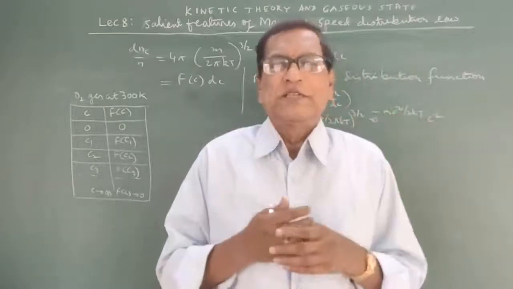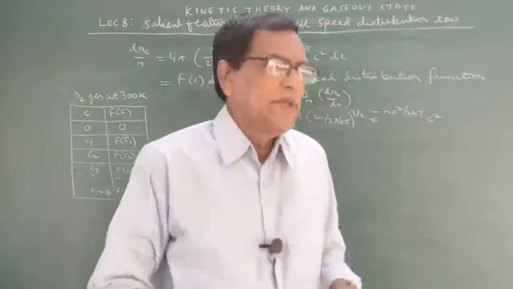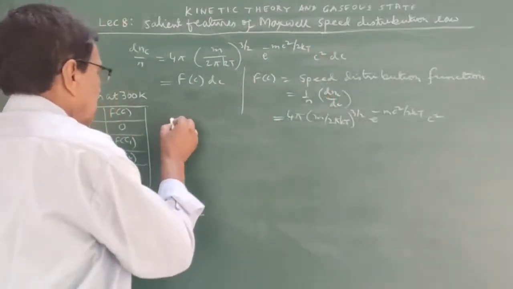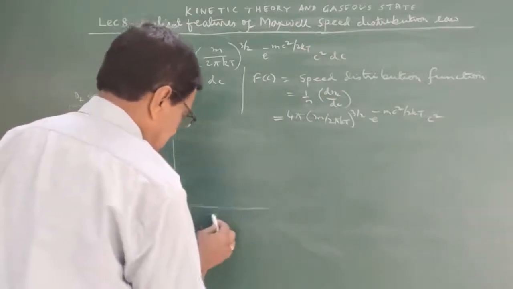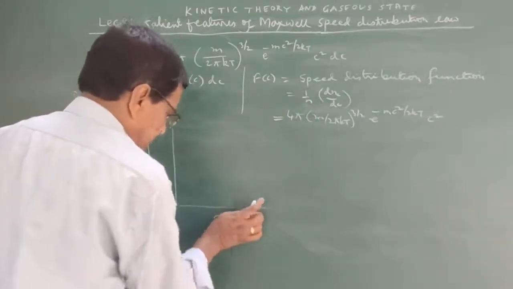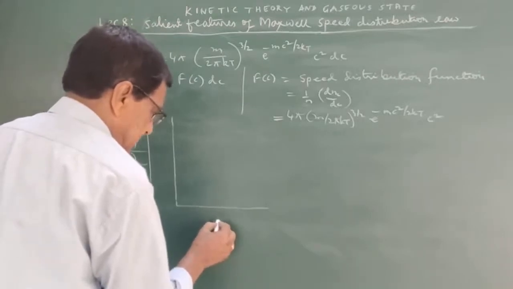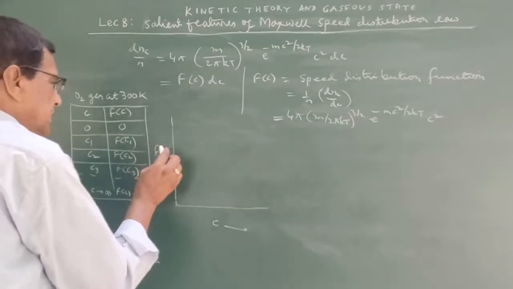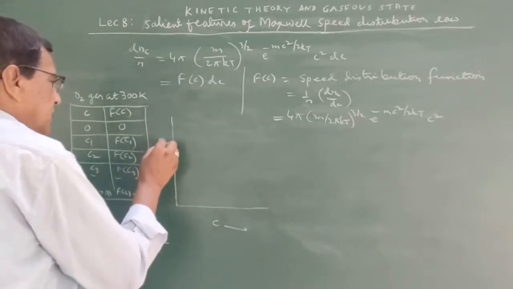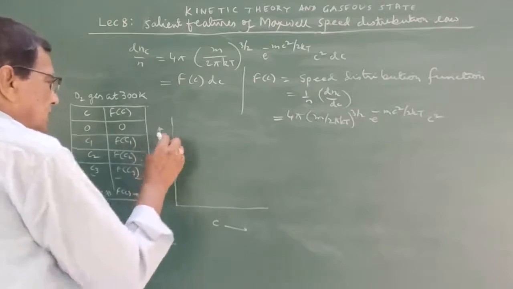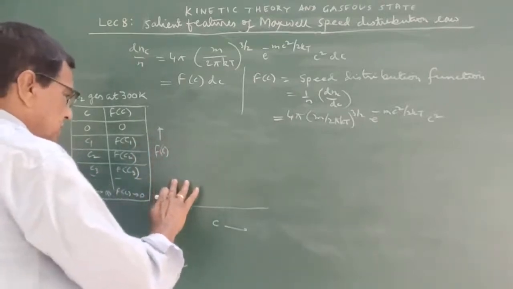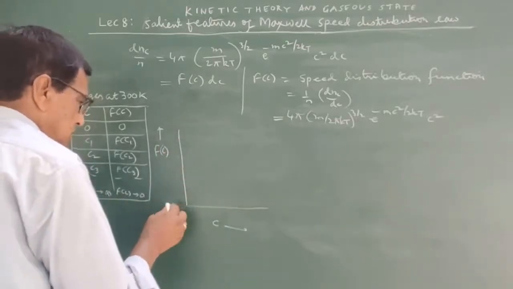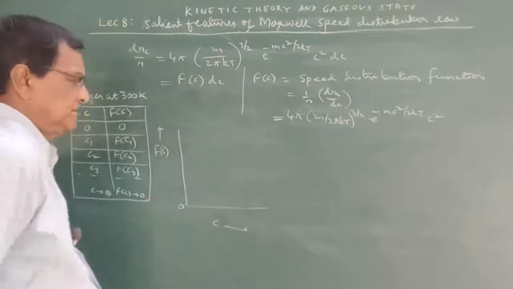If we draw here on the x-axis the speed, and here Fc, and this is the origin.